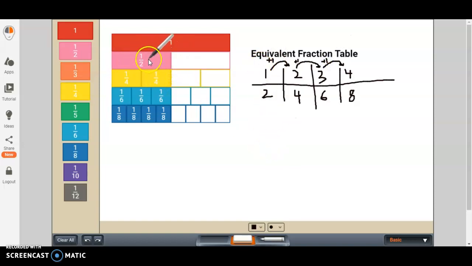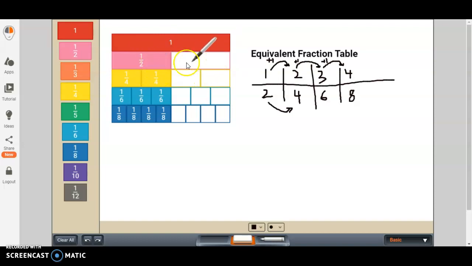Because with this one piece, I was just adding one more every single time. But in my denominator, the amount of pieces that make a whole, well, I had one piece here that I did have and one piece here that I did not have.